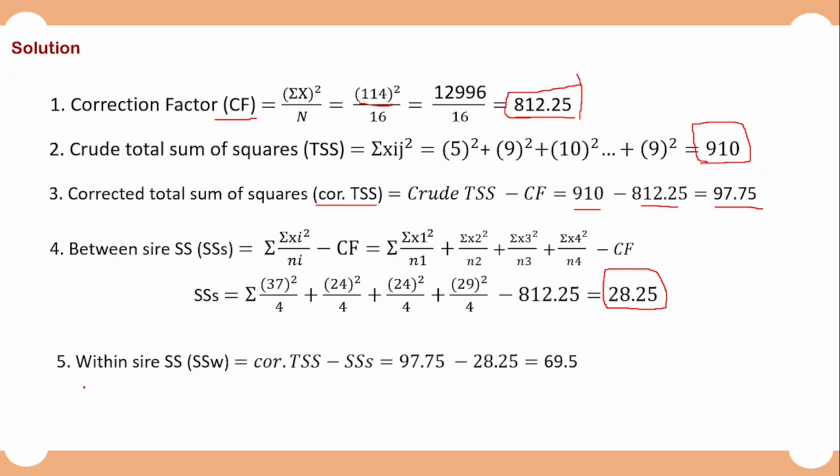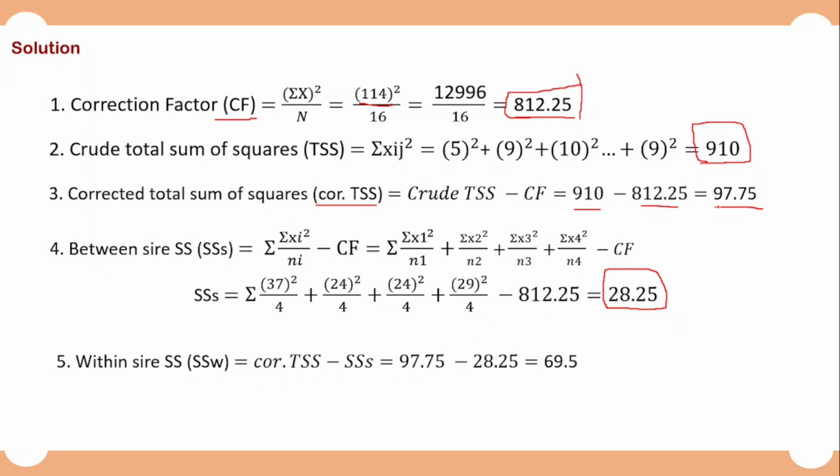The fifth step is the calculation of the within sires sum of squares. The within sires sum of squares can be calculated by subtracting the sum of squares between sires from the corrected total sum of squares. So the formula is the corrected total sum of squares minus the sum of squares between sires.